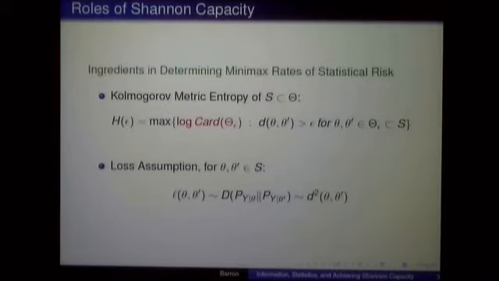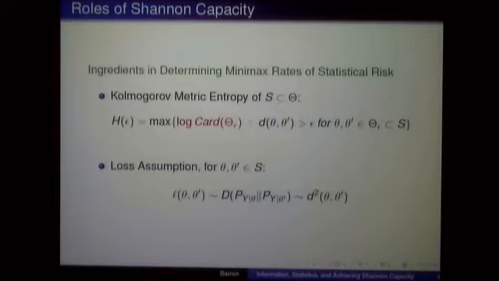So the Kolmogorov metric entropy, no accident that he calls it entropy, asks about the maximum packing number, maximum log cardinality that you can have so that the distances between points in a set are at least epsilon.